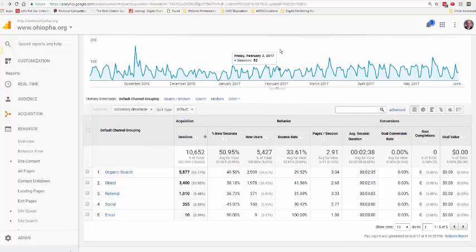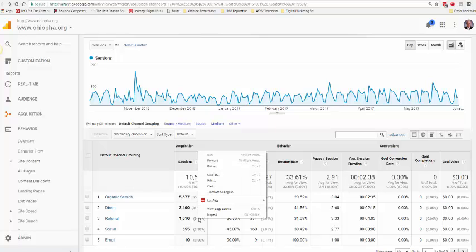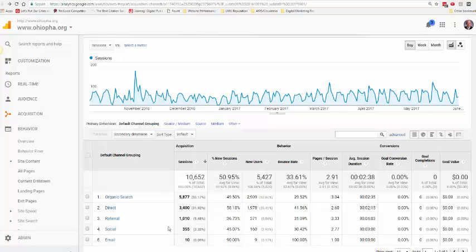Let's then look at the channels, and these are the sources that are bringing traffic to the site. Organic search is the biggest one at 55%, and then direct traffic is 32%. Referral traffic, and these are links from other websites, is almost 9 or 10%, and then social is only 3%.